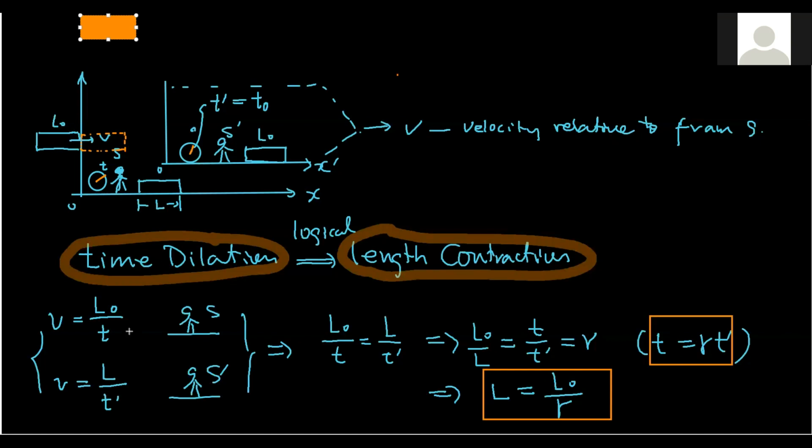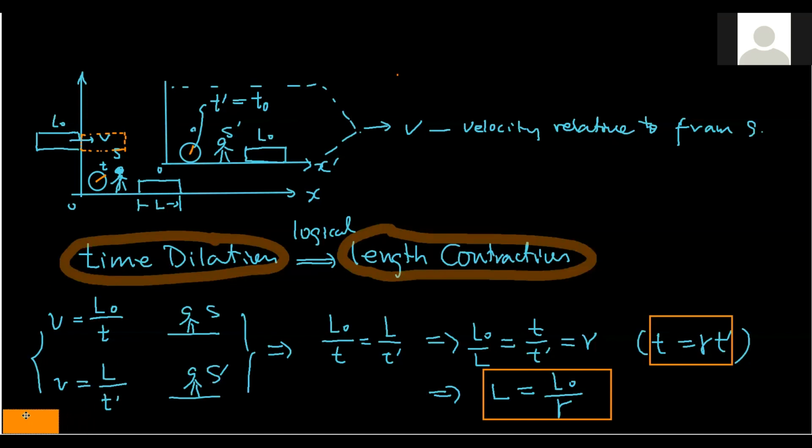Now that is how, by this observer, we can get this relation, because this bar also moves at the same speed together with the frame. This is the velocity. So that is why this formula is true for that observer in that reference frame.